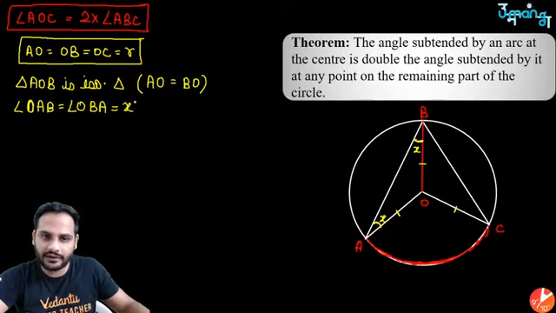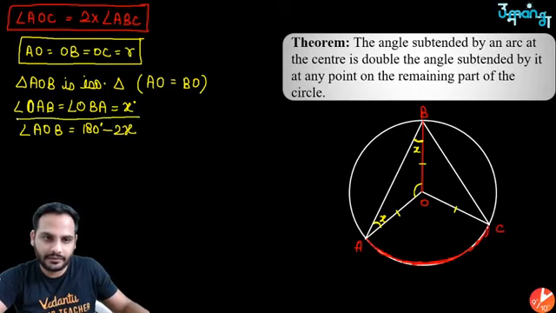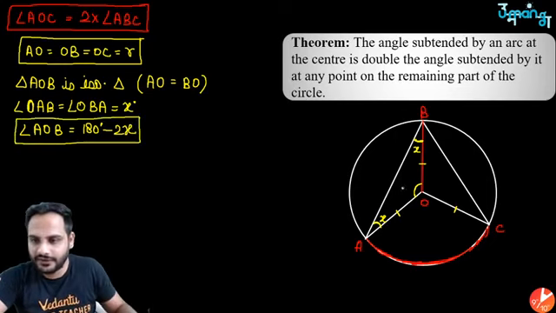Correct. So the remaining angle, what will be the value of this angle here? By angle sum property, X plus X plus angle AOB is equal to 180 degrees. So you will get angle AOB is equal to 180 minus 2x by the triangle's angle sum property. So this angle is 180 minus 2x.